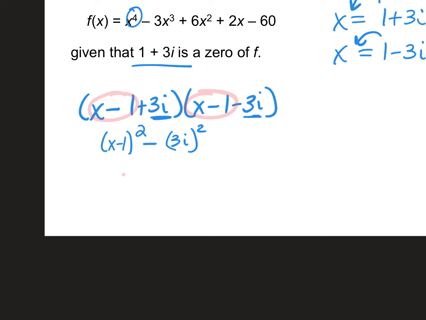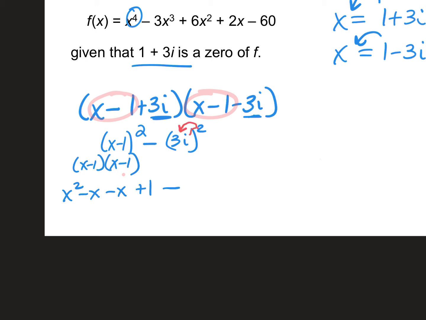So when you multiply this out, if you can't multiply it in your head, no worries, just write it. What's x times x? X squared. X times negative 1 is negative x. Negative 1 times x is negative x. Negative 1 times negative 1 is positive 1, right? Yes? You guys with me? Okay. So then I have minus. What do I do with this too? It goes to both.